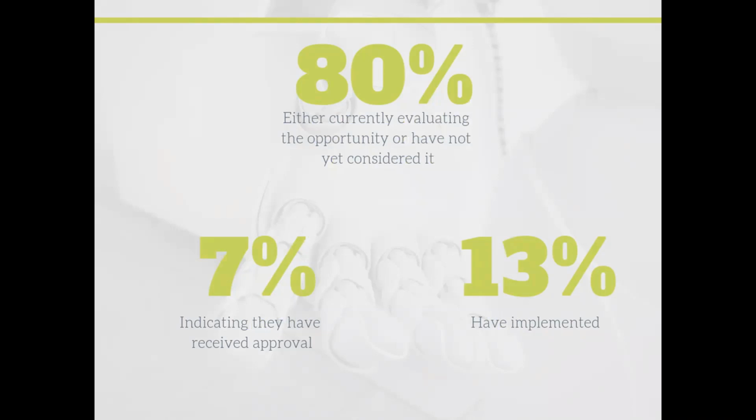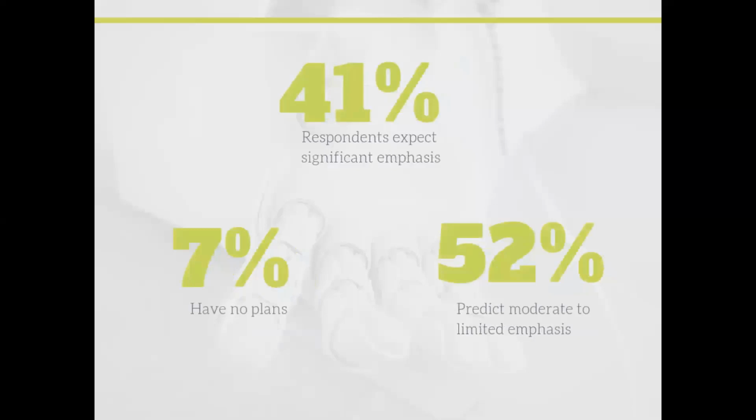So in the new year, that number that have implemented is going to jump up, because more people are starting to get into it. But 80% are currently evaluating the opportunity or have not even considered it yet. So it's still a really new technology, and not a lot of people have thought about implementing it yet. But it is going to start being something that we see a lot more.